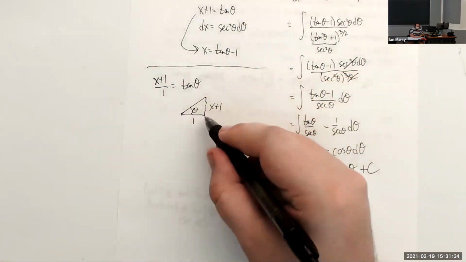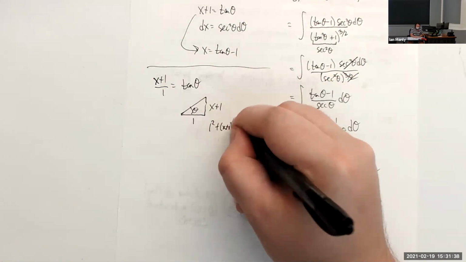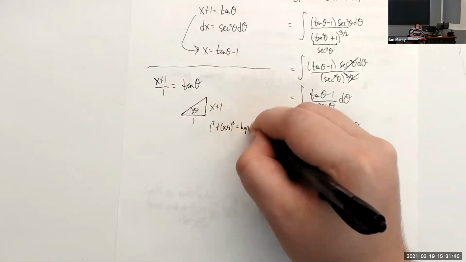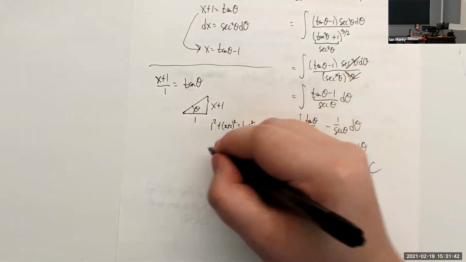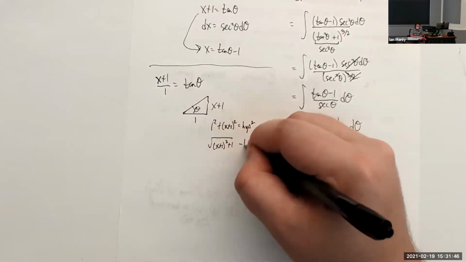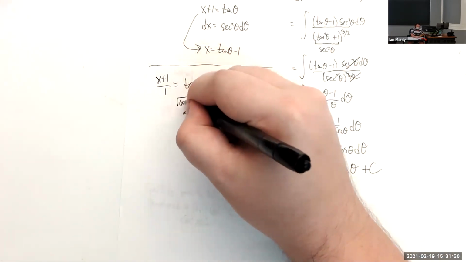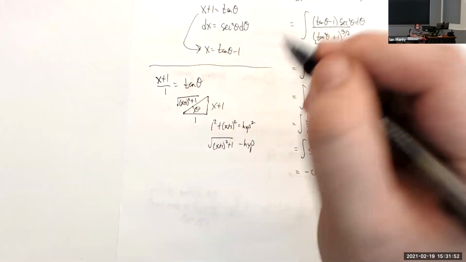All right, now I'm going to use the Pythagorean theorem to get this. 1 squared plus x plus 1 squared is the hypotenuse squared. So then I just take the square root. So I have the square root of x plus 1 squared plus 1 is the hypotenuse. So that's going to be our missing side here.